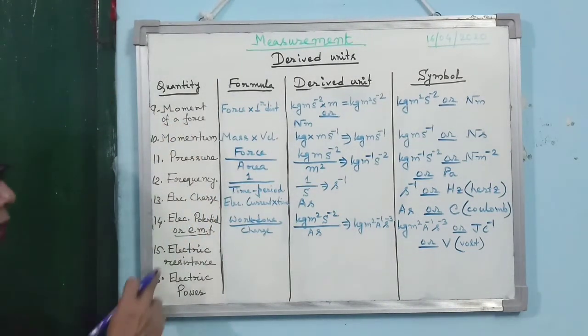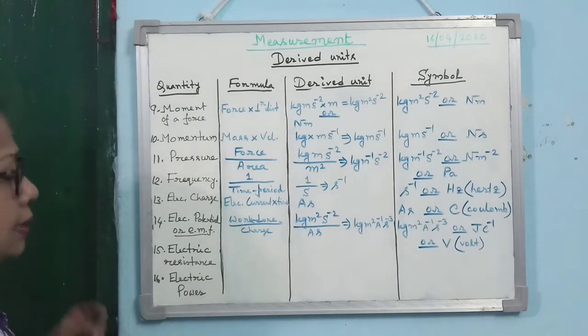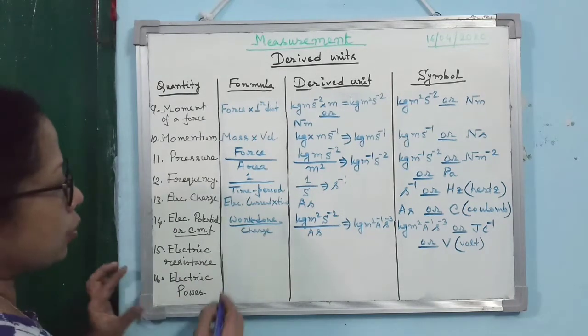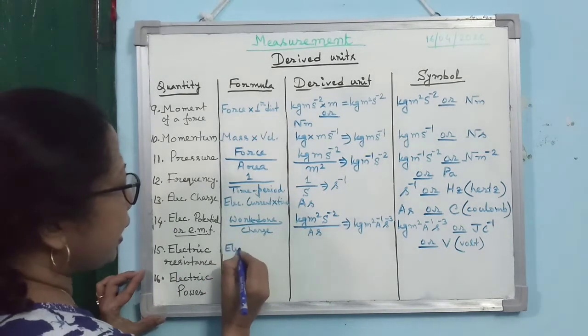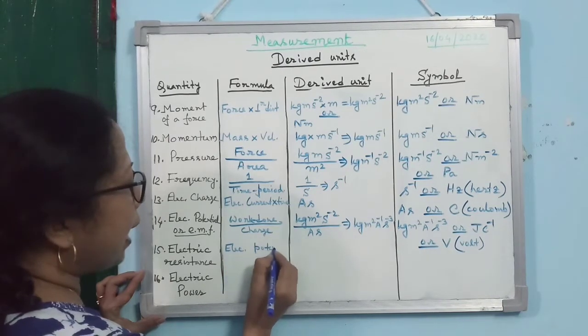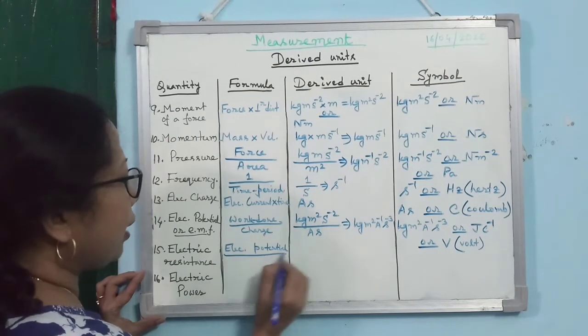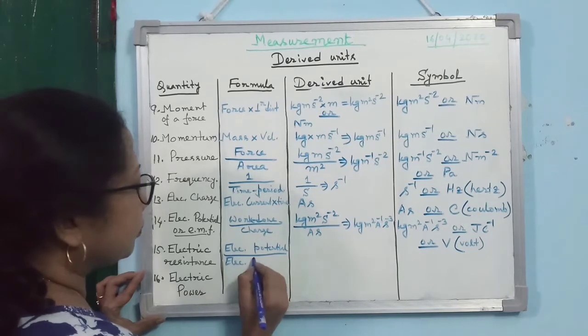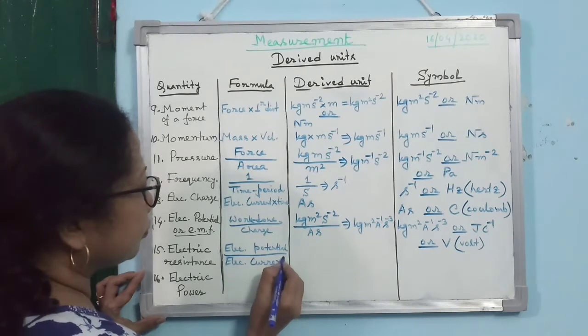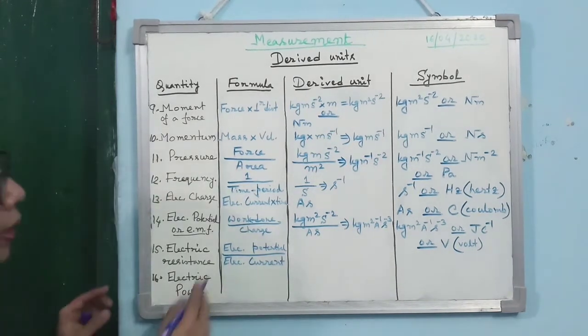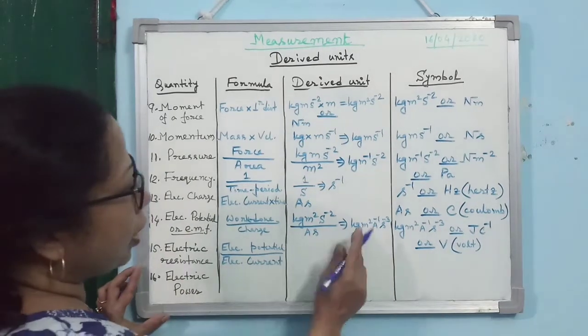The next one is electric resistance. Electric resistance, we define it as electric potential by electric current. So here you see what is the unit for potential.